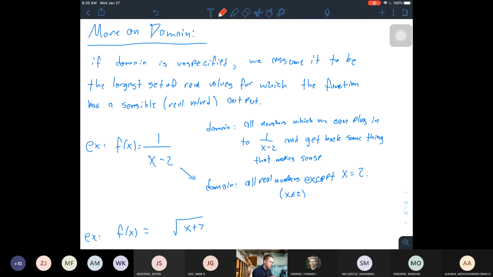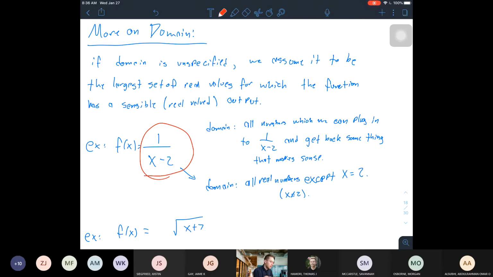If we're just given the function rule, the way we determine the domain is by considering the largest set of real values for which the function has a sensible real valued output. So we want to think about all of the numbers which we can plug into something like, for this example, 1 over x minus 2, and get something sensible on the right-hand side.